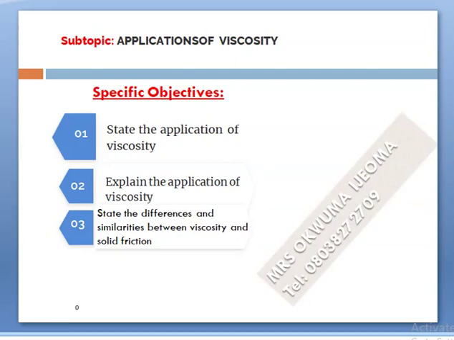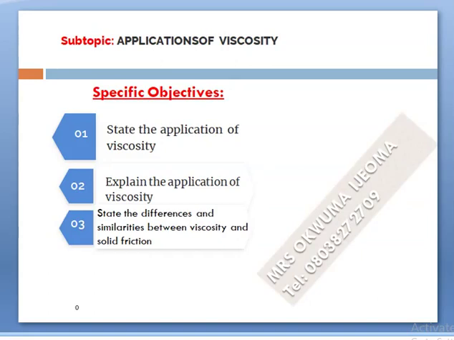Equally, remember that we talked about the effects of temperature on viscosity. We said that in liquid, increasing temperature tends to decrease the viscosity of a liquid, while in gas, increasing temperature increases the viscosity.